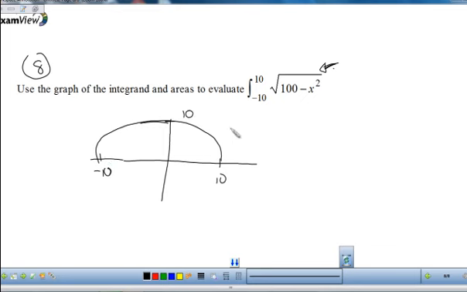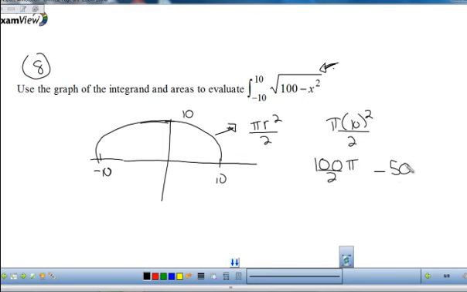So the area under the curve would be a circle, which is pi r squared divided by 2, because it's half a circle. The radius is 10. So I'm going to have 100 pi divided by 2, or 50 pi. So that would be the integral from negative 10 to 10.